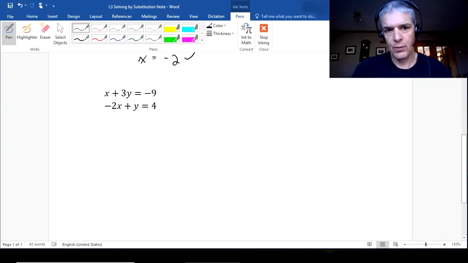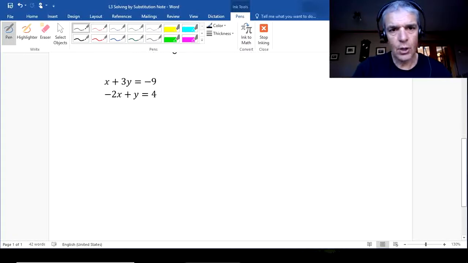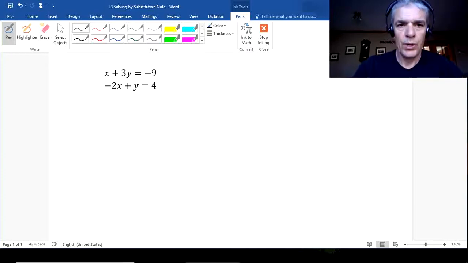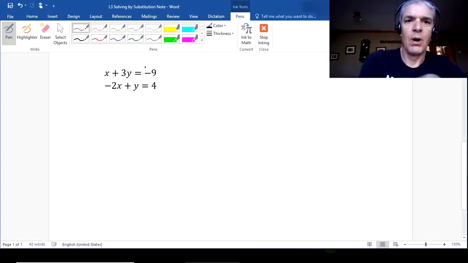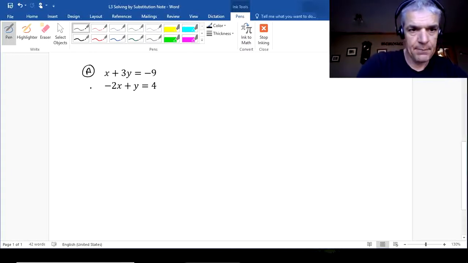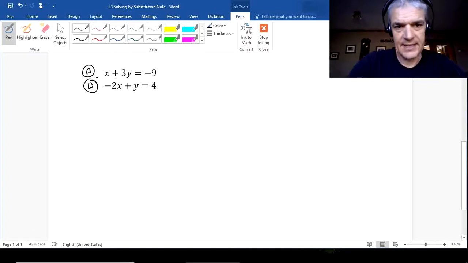Here's one though that we don't have that. So I want to look at this question and solve it. What I'm going to do is identify which one I would like to solve for y. So I'm going to first label them. I'm going to call this one A and this one B, just my standard. It's clear to me that because there's a 3y here and here it's just 1y, this would be easier to solve for.